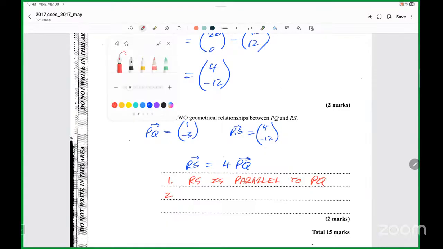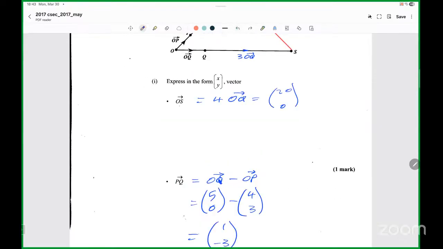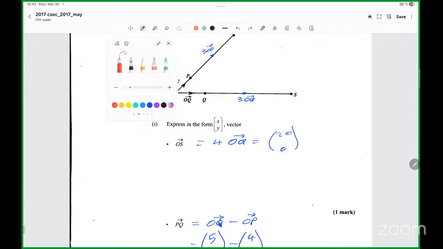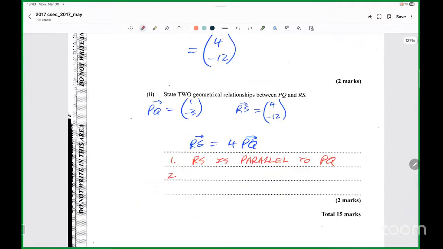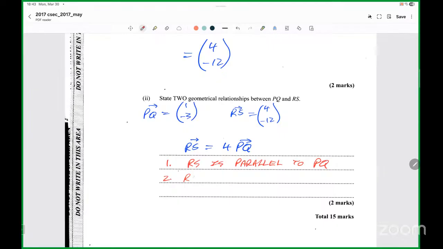So you can write that RS is 4 times the length of PQ. Done. Two relations. One is that they're parallel, the other is how long one is compared to the next. 4 times as long.